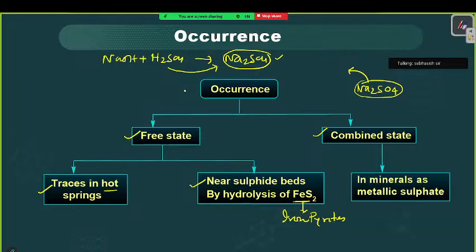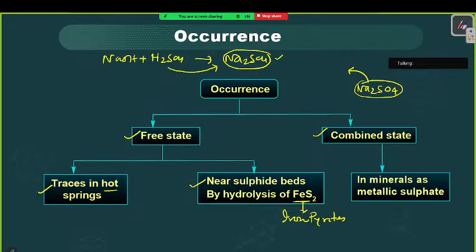In different types of minerals, sodium sulfate, calcium sulfate, aluminium sulfate, these are the important minerals in which sulfuric acid is present, but not as sulfuric acid. It is present in the combined form with other metals like sodium or potassium or ammonium, etc. So sulfuric acid is present in different states, free state or combined state.